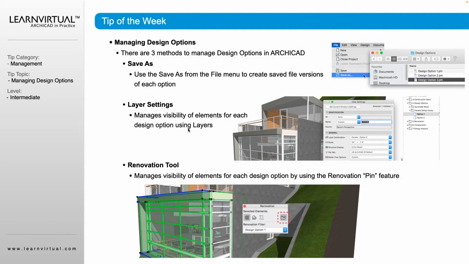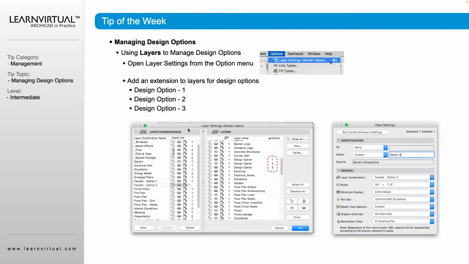But definitely the easiest way that I find to do it is going to be through the renovation tool itself. So we're going to go through the other ones, but with the renovation tool, we're going to use the pin feature. Okay, and we're going to get to that in just a little bit.